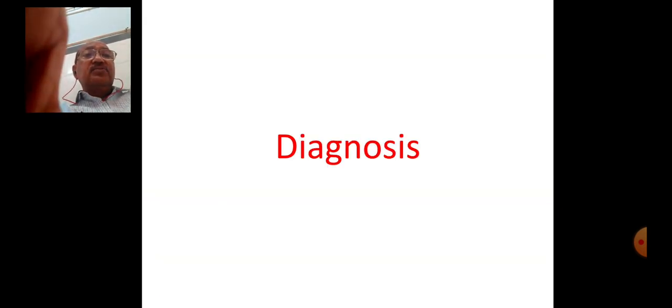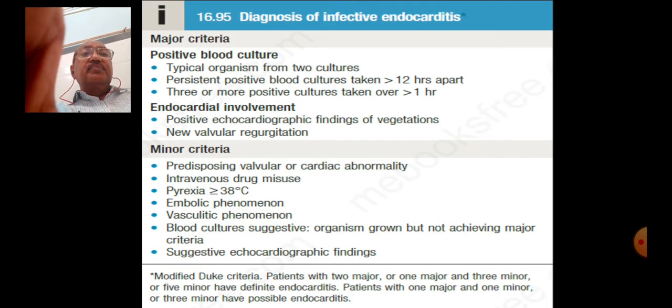The diagnosis of infective endocarditis is made again on Duke's criteria: the major criteria, and then the minor criteria. In the major criteria, we have positive blood culture, and second is endocardial involvement.